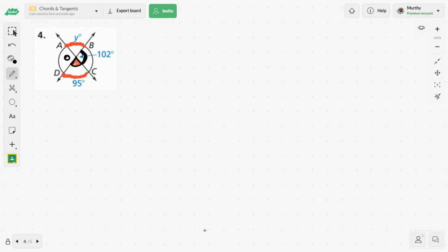Therefore, you know that here the straight line makes 180 degrees, right? So you can figure out what is DOC. Let me write that a straight line makes 180 degrees.